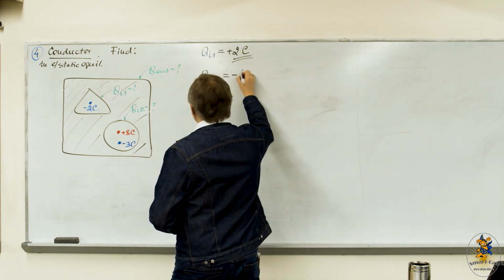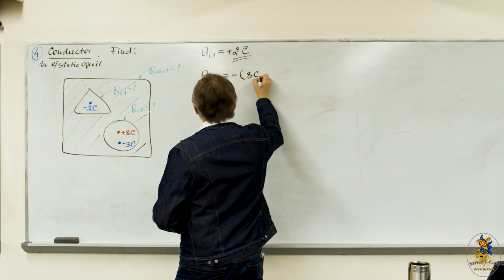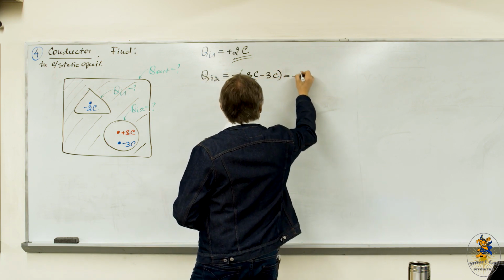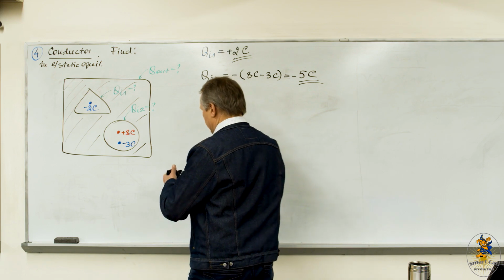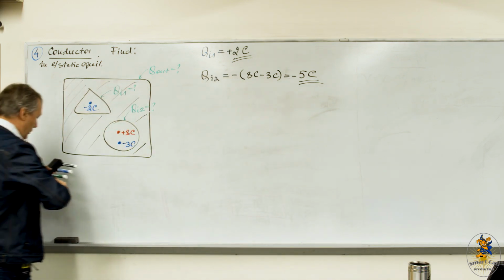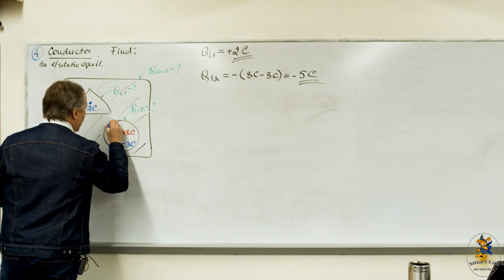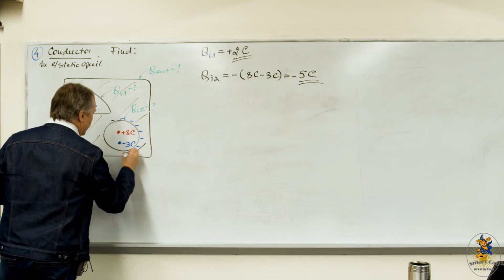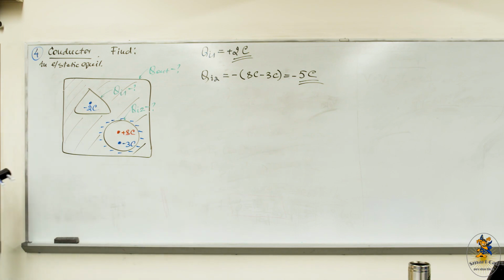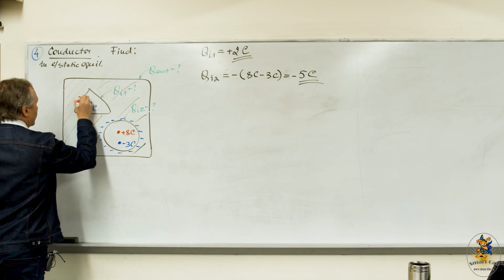It will be minus 8 coulombs minus 3 coulombs, hmm, so it's minus 5 coulombs. So it will be negative charge induced on this interior surface. I can draw a bunch of minuses.